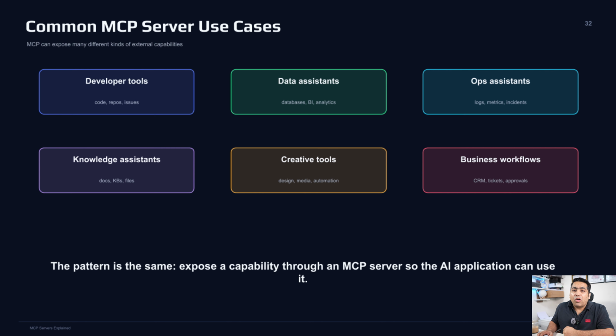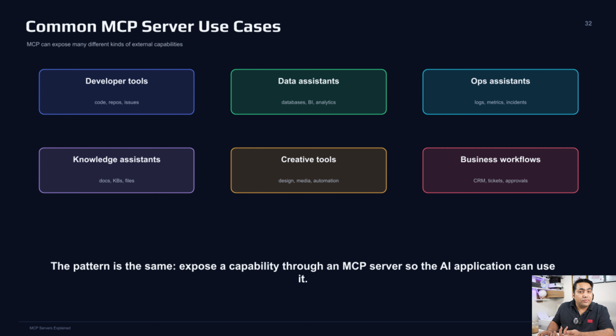So now look at the common use cases. For developers, an MCP server can expose repositories, issues, pull requests, and code tools. For data teams, it can expose databases, analytics, and BI systems. For operations teams, it can expose logs, metrics, incidents, and service health. For knowledge assistants, it can expose documents, files, and knowledge bases.